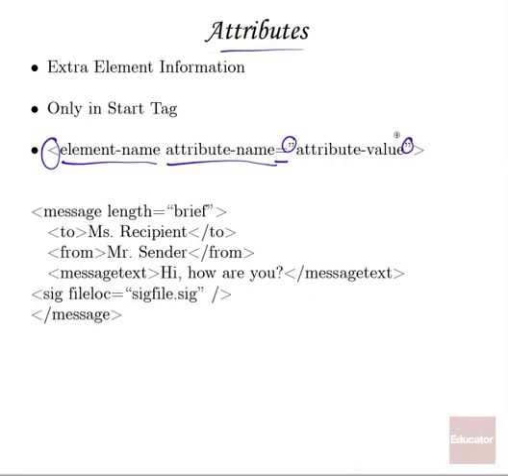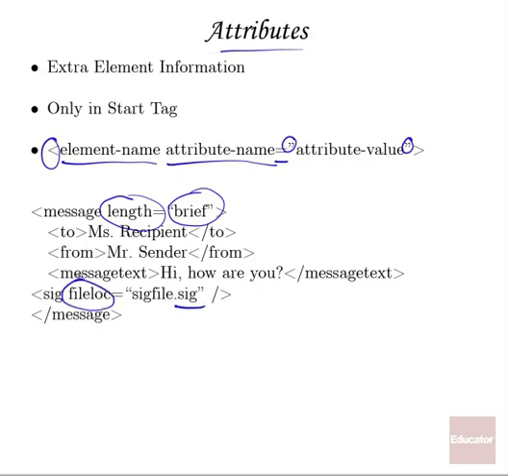So for example, let's say that for some reason it was important to me to indicate the relative length of my message. I might include a length attribute in my message element and give it a value called brief. Maybe I have a custom list of values for the length attribute for the message element. More significantly, let's say that I was writing a program to read this XML message document type, and I had a particular file type called SIG, where electronic signatures are stored.